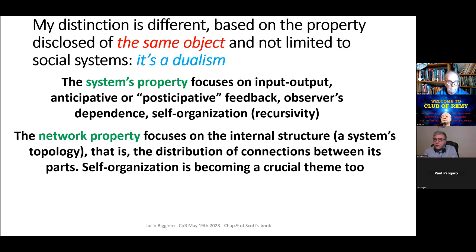You are not looking at the system as a black box anymore. You are opening the black box. It becomes a transparent box, and you are looking at the connections inside the system. So you are looking at the internal structure, that is, the topology, the distribution of the connections. That is the real difference between the two views.